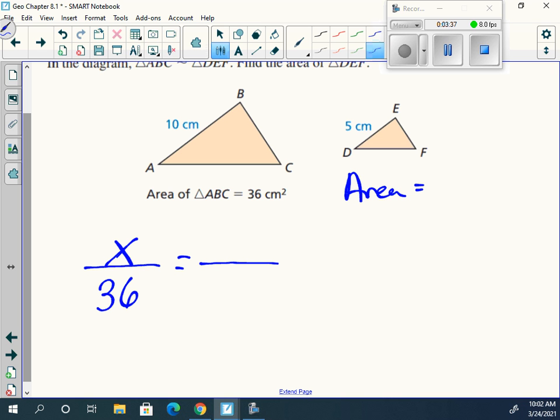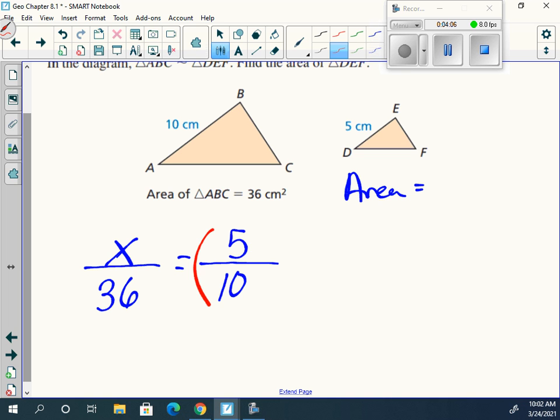So what side length would go on top? 5 would go on top, 10 would go on bottom. And the reason we do this is because our original starting one had the area of the smaller one over the area of the bigger. So when we set up our side lengths, we need the side length of the smaller over the side length of the bigger because these line up.